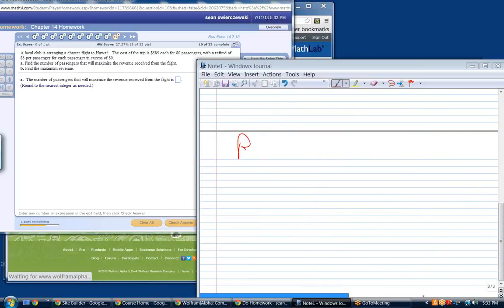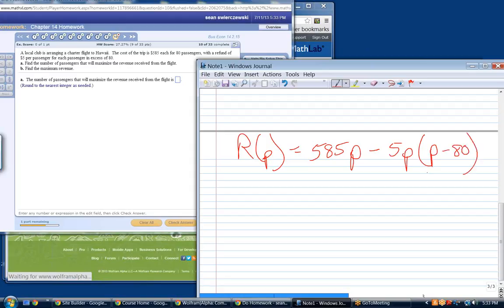Okay, so the revenue function as a result of P in this case is what? 585p minus 5p times p minus 80. Well, they don't change it up much, do they?